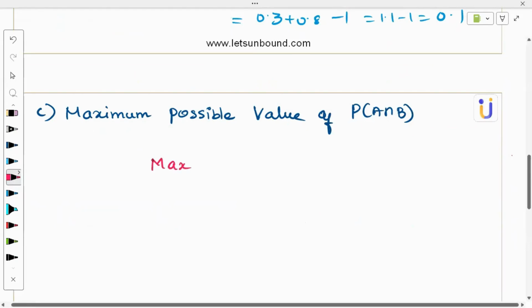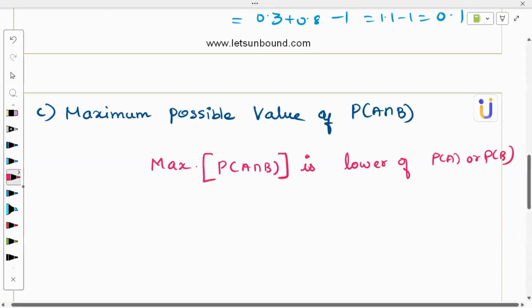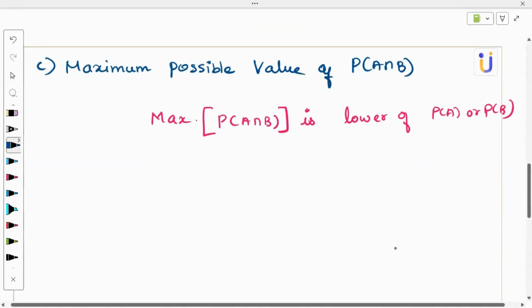So the maximum of P of A intersection B is the lower of either P of A or P of B. That's the case, and it's easy to find.